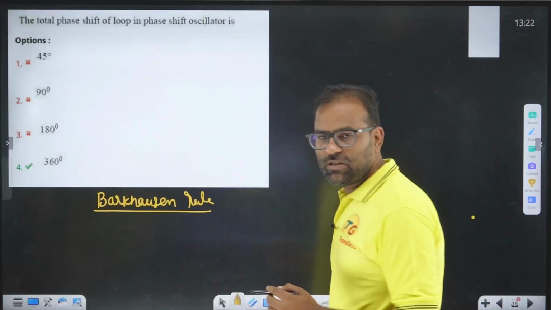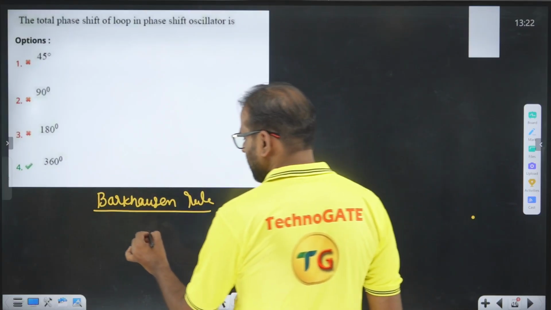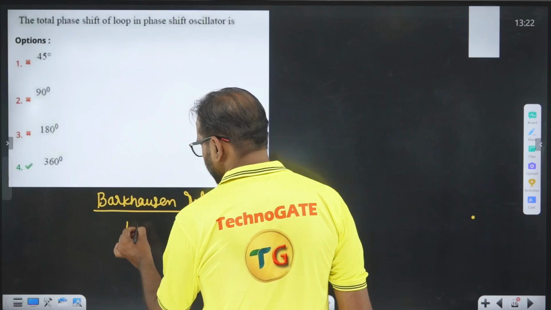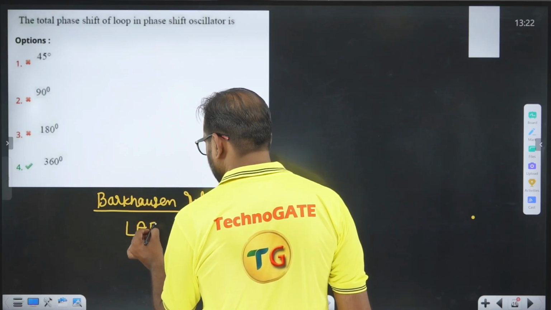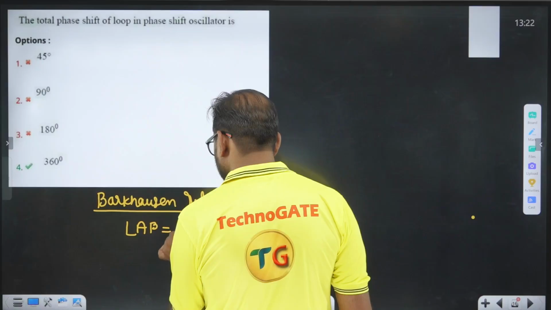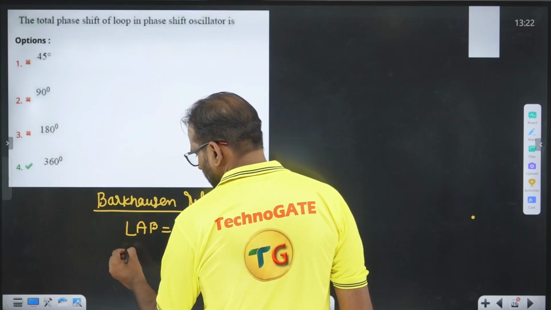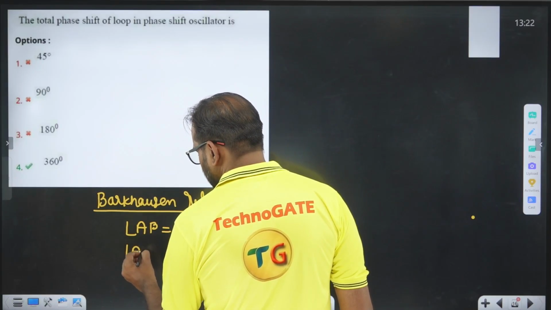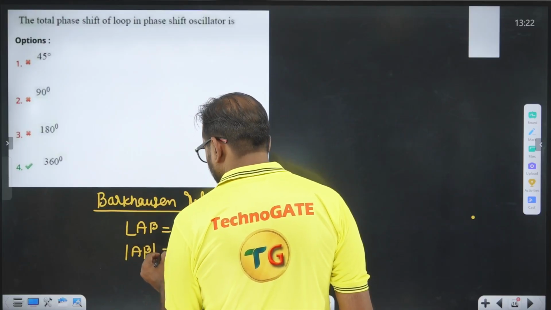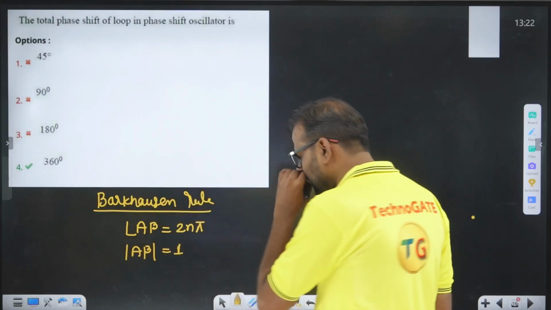And what is the Barkhausen rule? The Barkhausen rule says that for a positive feedback system, the angle of A beta equals 2n pi and the magnitude of A beta must be 1. And n can be any integer.